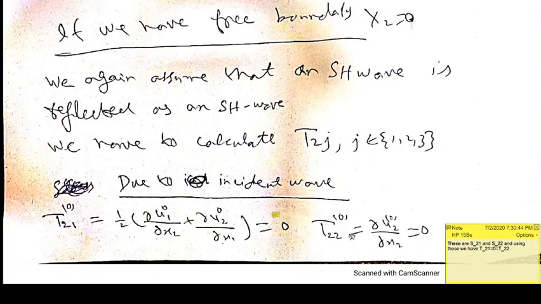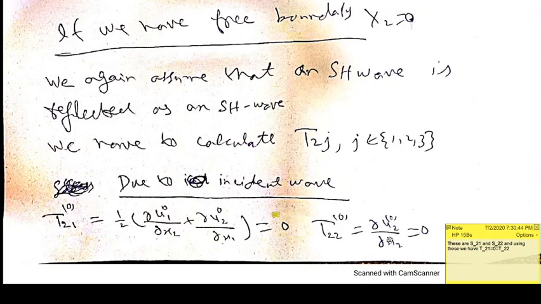So lambda Skk. Skk you can write as S11 plus S22 plus S33, and you have seen that S22 is 0, and S11 will also be 0, because S11 is partial u1 partial x1 and u1 is 0. So S11 is 0, S22 is 0, and S33 equals partial u3 partial x3.